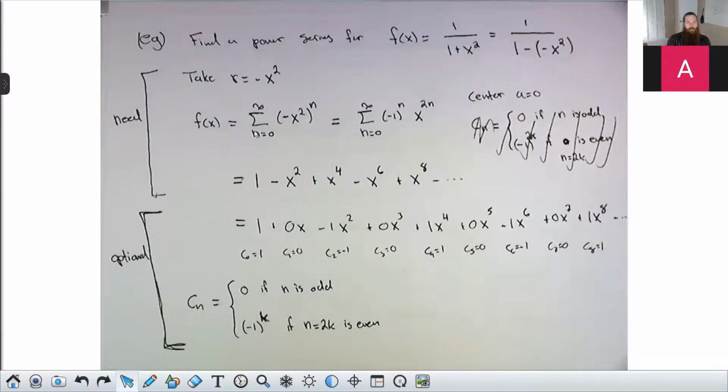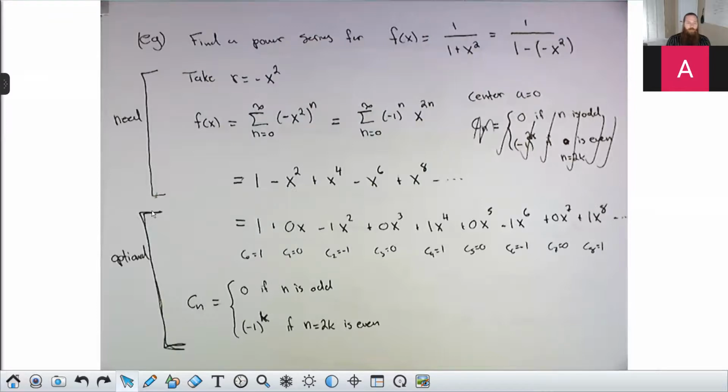So first, questions on the need bracket. Is there anything in here that feels weird that you guys would like to discuss? Are we comfy with this step? Comfy with the algebra? And then this stuff? Any questions there? Okay.